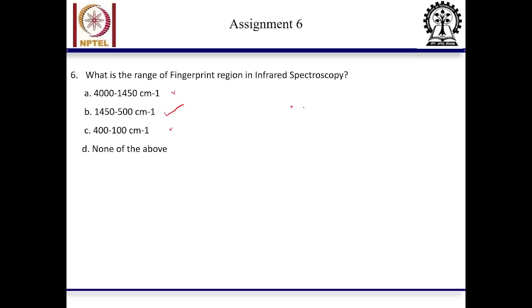Because this region is unique, like fingerprints. So from 1500 centimeter inverse, roughly 1450, to 500 centimeter inverse. This is called the fingerprint region.